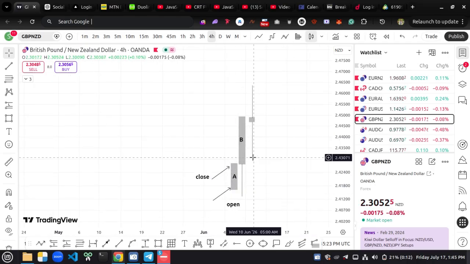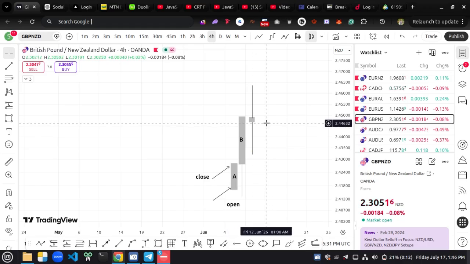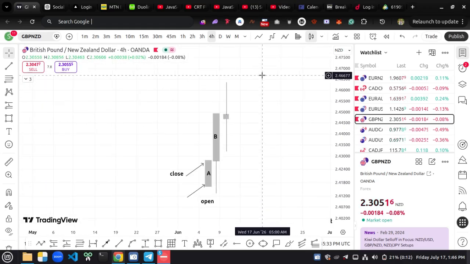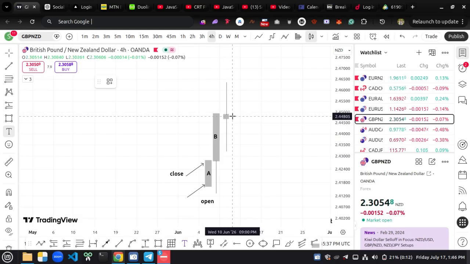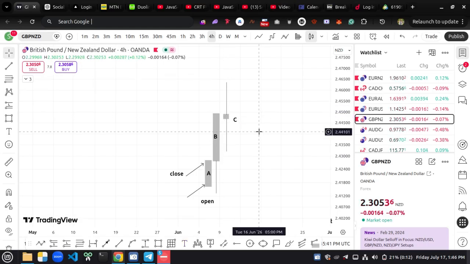What is candle A? Price opens here, closes at this point. What is candle B? Price opens here and closes at this point. What is candle C? Let me see your answer in the comment section. Then you can also mention what the wicks indicate, but you might not necessarily have to do that.